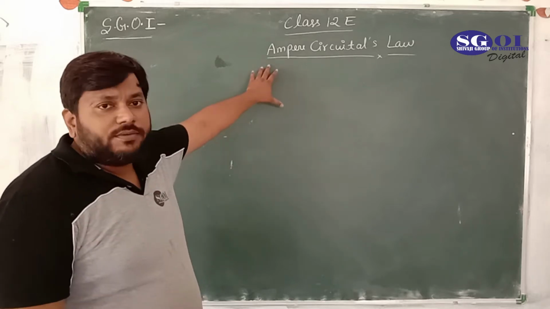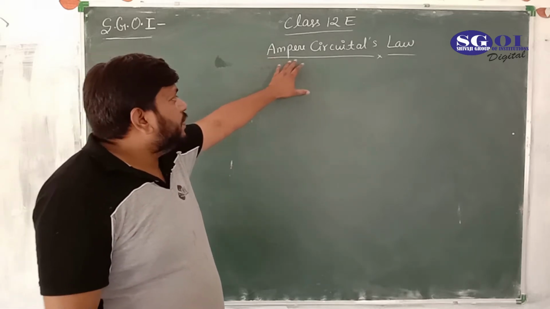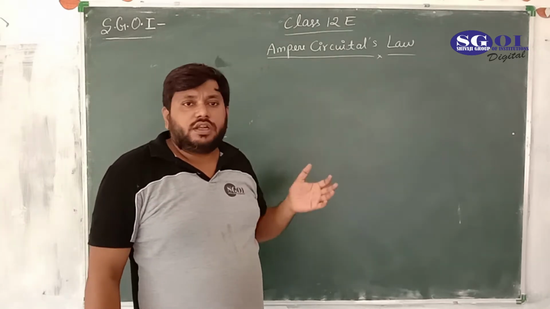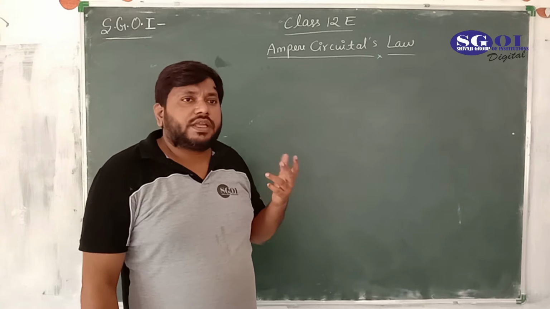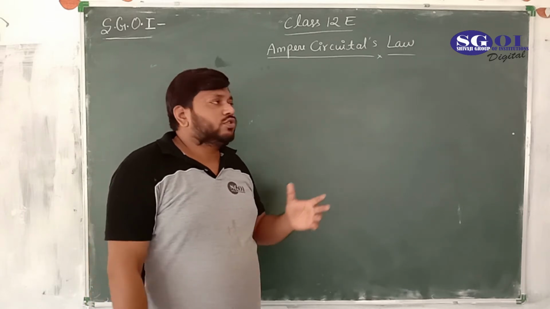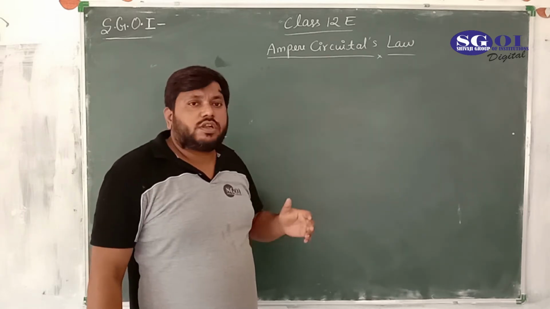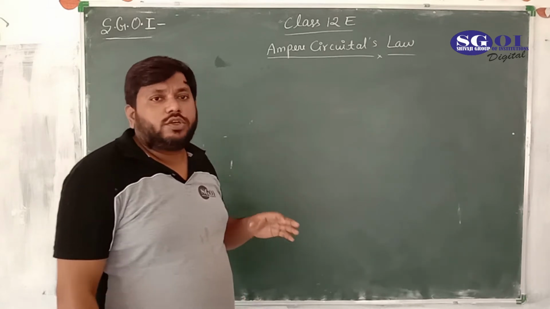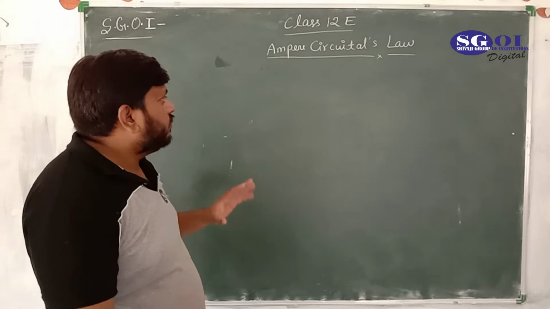In the same manner, Ampere's circular law is used when we require the magnetic field and the magnetic field is symmetric. So we can use Ampere's circular law to easily find the magnetic field at a particular point due to a current carrying wire.